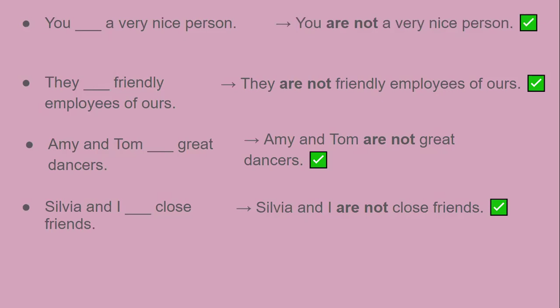So these are the exercises for the simple present tense negative verb to be sentences. In all of these sentences that we did in this video, none of them contained a real verb. By real verb, I mean words such as jump, speak, talk, listen, sit, run, walk, work, and so on.